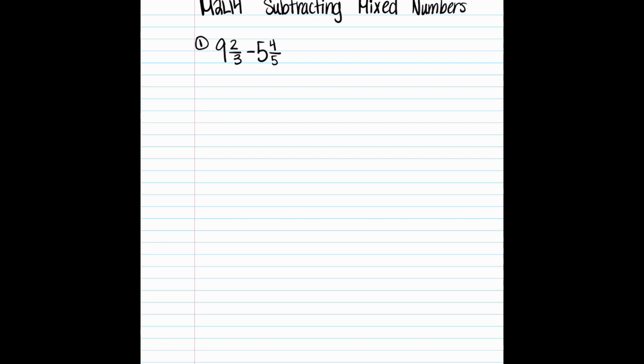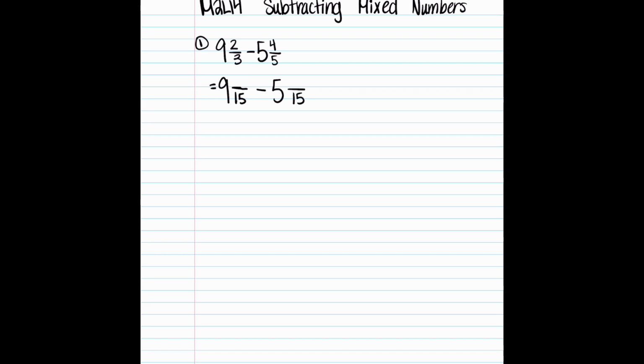Okay, so first of all, I'm going to start by just looking at both of these, and I'm just going to go ahead and make these mixed numbers that have the same denominator. So I hope that we are fluent enough to be able to know that I'm going to pick 15 for this common denominator. Okay, and that is simply because the least common denominator for 3 and 5 is going to be 15. We should be pretty comfortable with that by now.